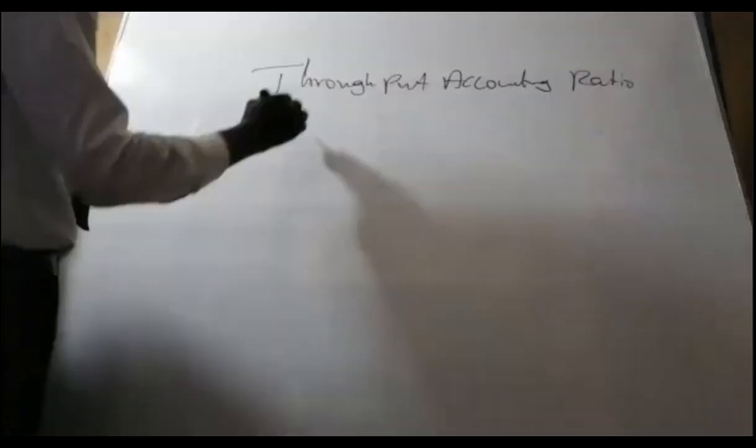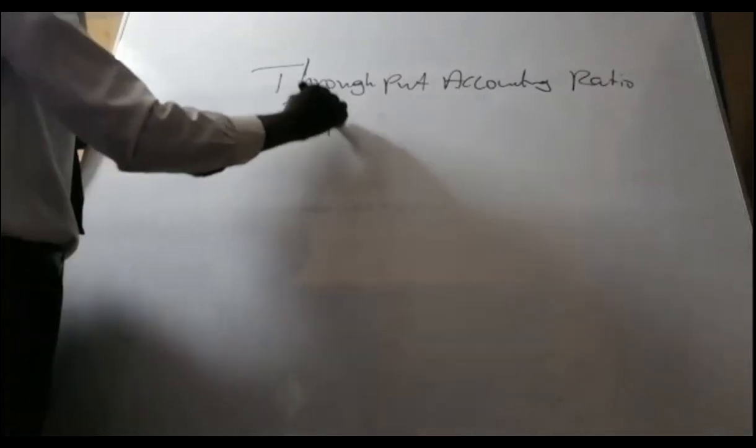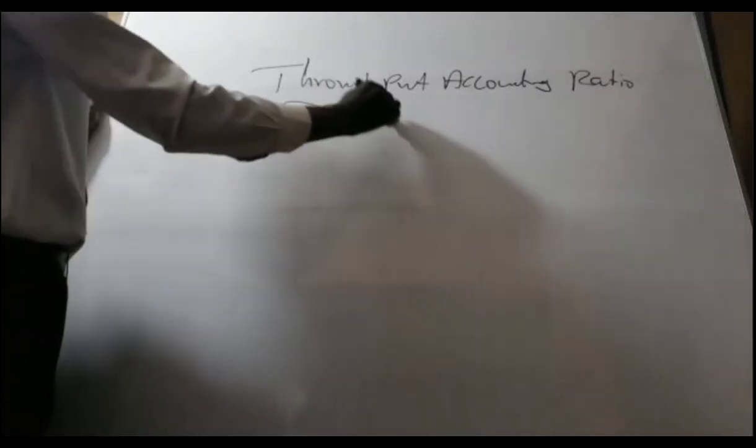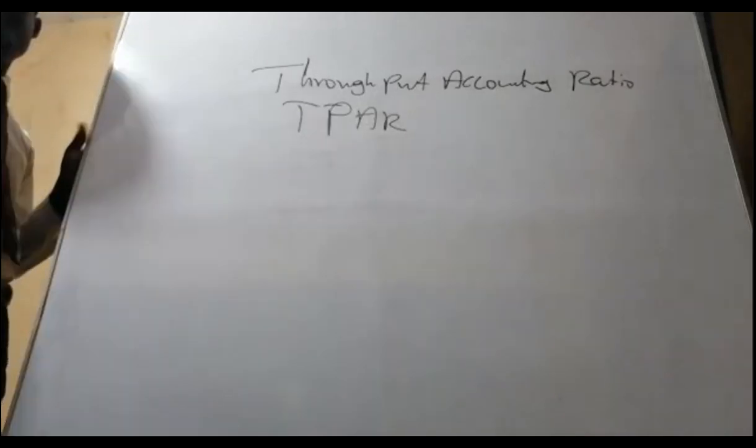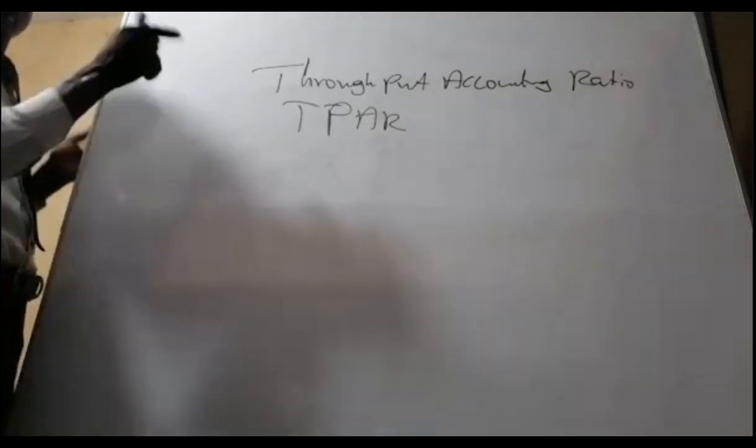We normally shortcut it as TPAR, throughput accounting ratio. You only need to shortcut it if the examiner has done that too. So take note.